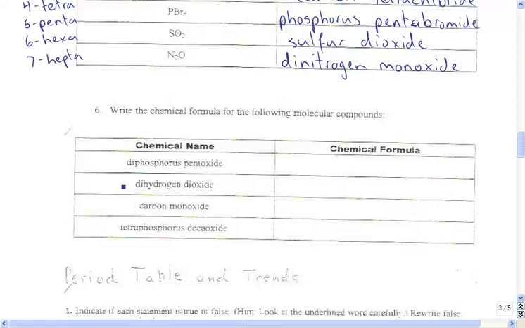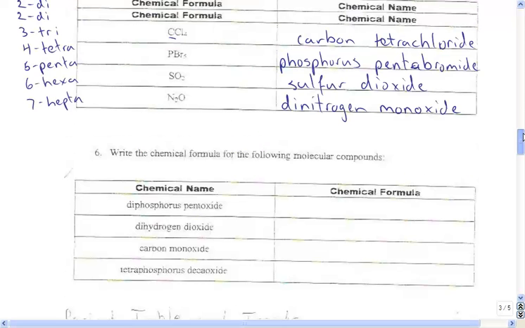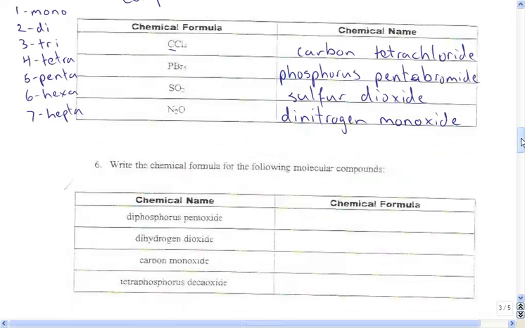But okay, so what we're going to do is we're going to take the chemical name and create a formula using the same sort of rule that we used before. That the mono is 1, di is 2, tri is 3, and all of these things. So here it says diphosphorus pentoxide.